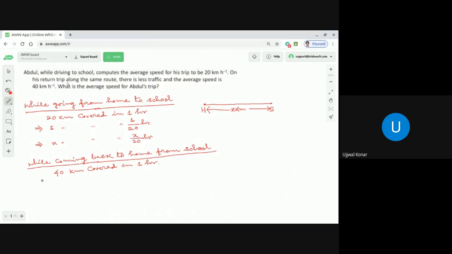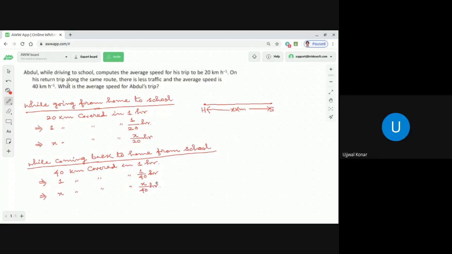Correct? This implies 1 kilometer covered in 1 by 40 hours. And this implies that while coming back from school to home, that same x kilometer is being covered. So this implies x kilometer covered in x by 40 hours.